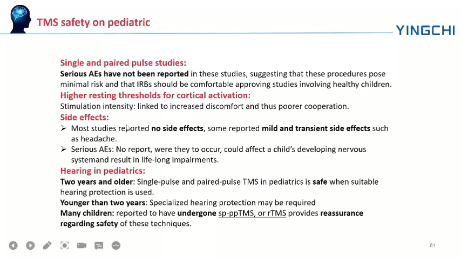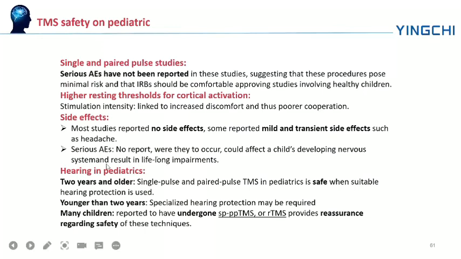And as for the side effects, most studies reported no side effects, and some reported mild and transient side effects, such as headache, but these effects may disappear when TMS is ceased, and there is no report of serious AEs.